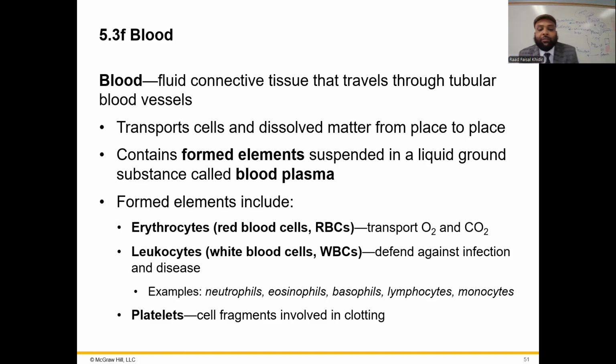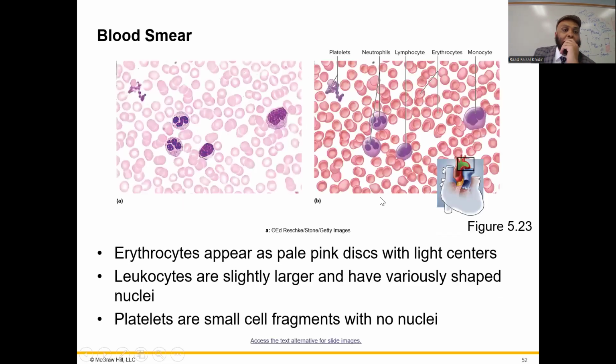So which cells are involved in clotting? Leukocytes, erythrocytes, or platelets? Platelets. That's a blood smear.